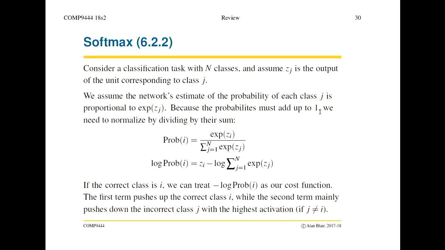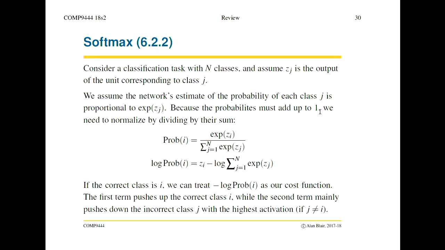If it's image classification, or any kind of classification, we looked at the softmax cost function. This is on the assumption that the probability is proportional to the exponential of the corresponding output. If you work through the example, I think they put an example in the exercises, it shows how this works.